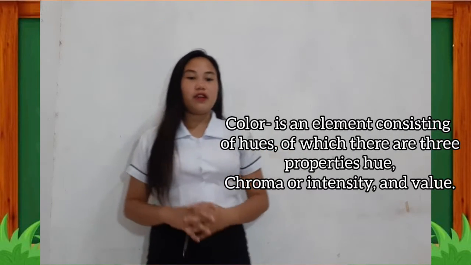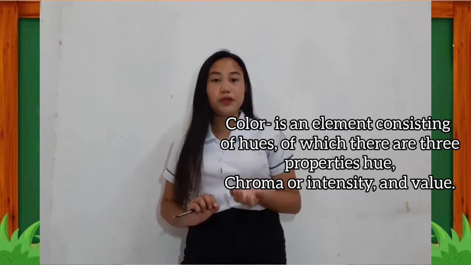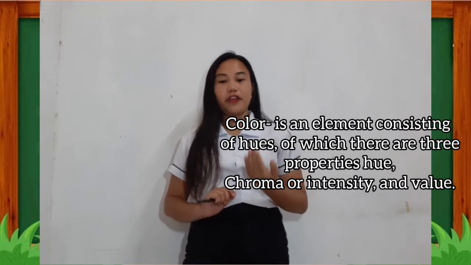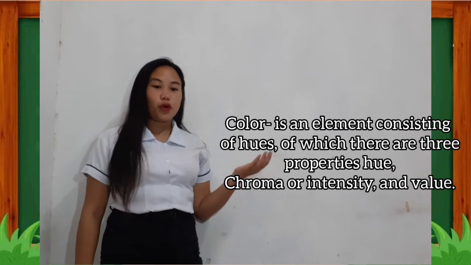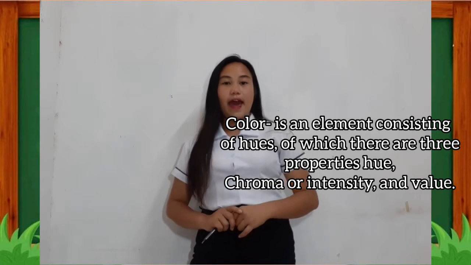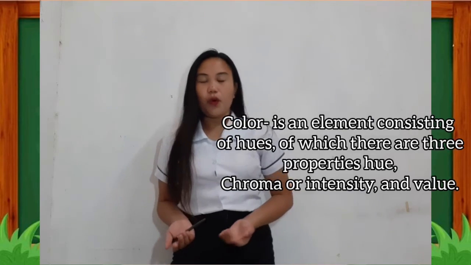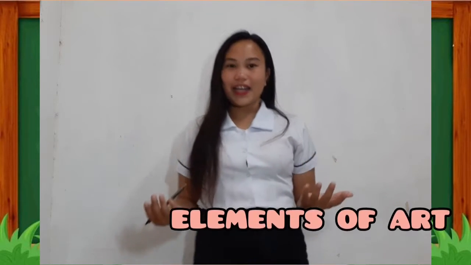Color is an element consisting of hues, of which there are three properties: hue, chroma or intensity, and value. The examples of color are red, yellow, blue, green. Those are the examples of colors. Color is one of the elements of art.